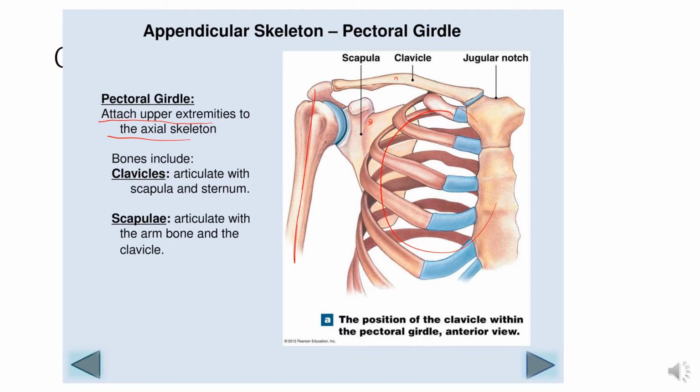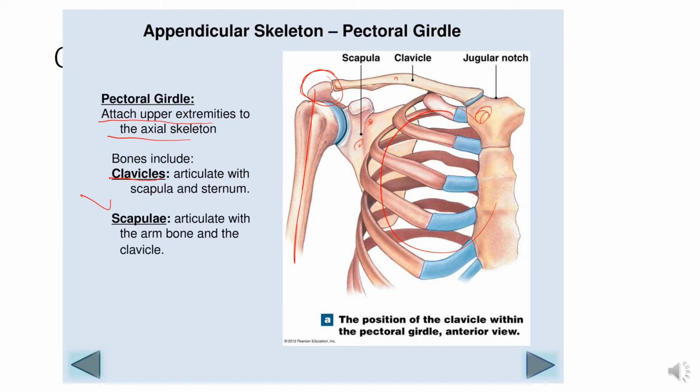The bones include, as I have told you before, the clavicle, which articulates with the scapula and the sternum. Here you can see it is articulating on one end with the acromial process of the scapula and on the other end with the manubrium of the sternum. The scapula articulates with the arm bone and the clavicle.